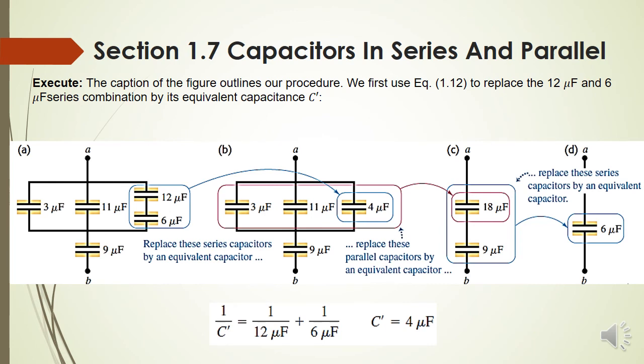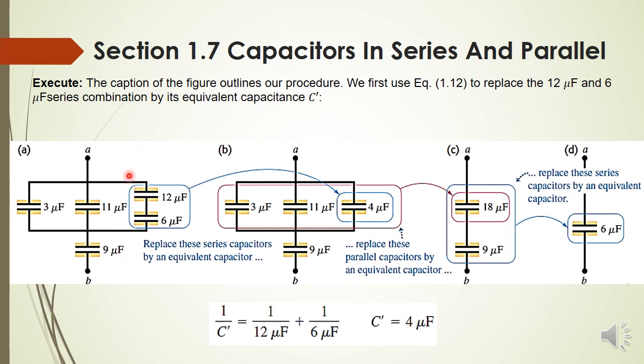The caption of the figure outlines our procedure. We first use equation 1.12 to replace the 12 microfarad and 6 microfarad series combination by its equivalent capacitance C prime. How to compute the first equivalent? So this is the original network.